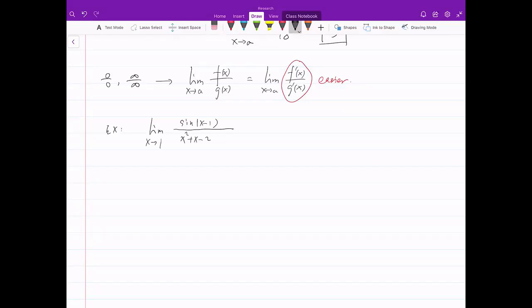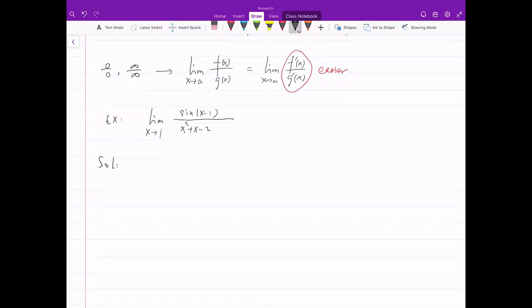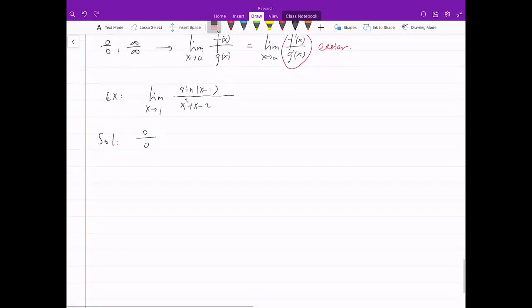Leading terms not working. Okay, basically everything before fails. Sounds good. But we have new tools. What's the limit of the top? Sine 0. That's 0. What's the limit of the bottom when x goes to 1? That's going to be 1 plus 1 minus 2. That's going to be 0. So we do have 0 over 0 case. Good so far? Once we have that, L'Hopital.